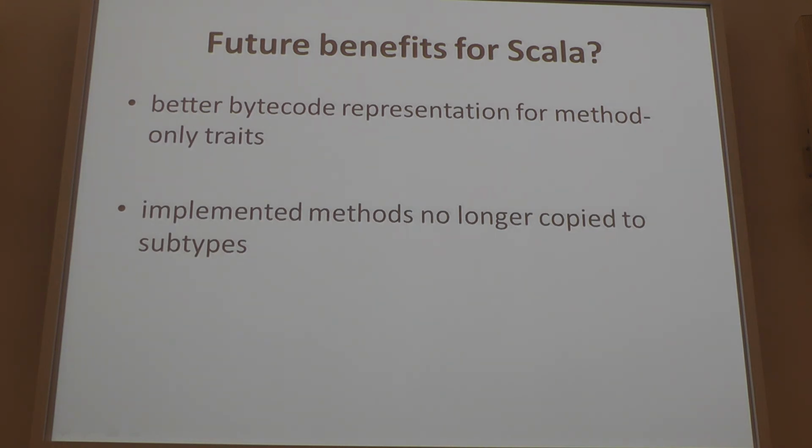So it would be an optimization only for method-only traits, but I think that is a large enough subset that it could be beneficial. And as I said, if you implement traits using default methods in the bytecode, you would no longer need to copy the implementations into the classes that mix in that trait.